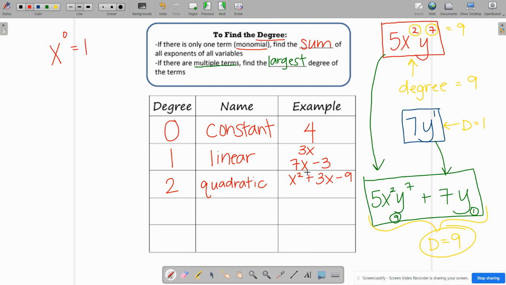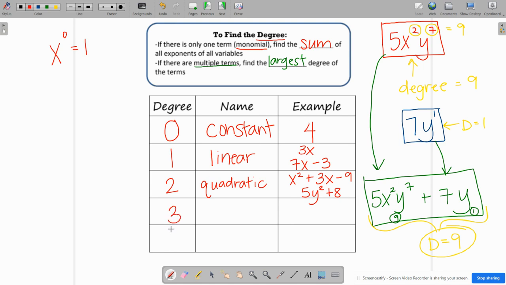So out of all the terms, this has the largest degree of 2, so overall it's a degree of 2. So we would call this a quadratic trinomial. If you had something like 5y squared, this would be a quadratic monomial. If I had plus 8 at the end of this, this would be a quadratic binomial.